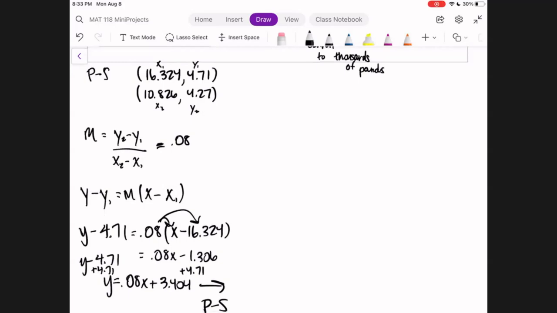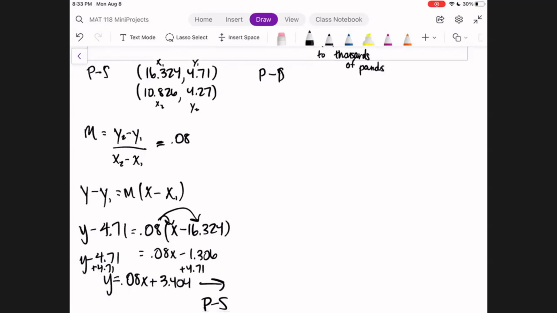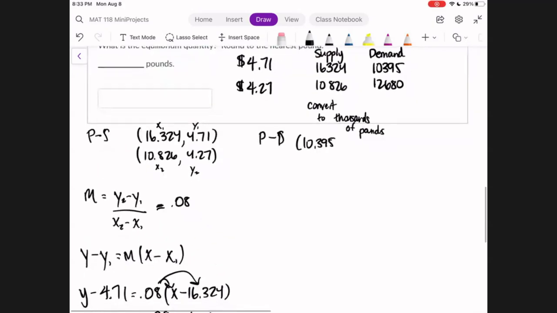Okay. So our ordered pairs for our price demand is 10.395. And that's at $4.71.